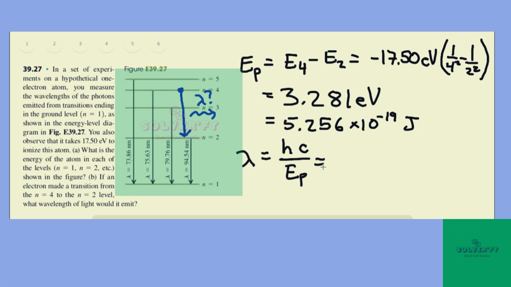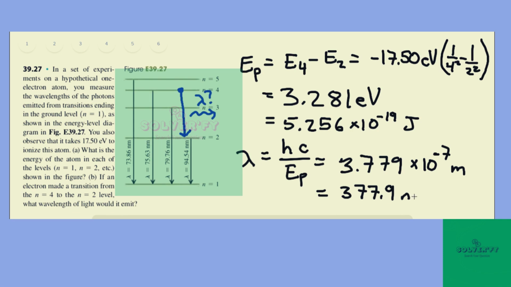So 6.626 times 10 to the negative 34 times 2.998 times 10 to the 8 divided by 5.256 times 10 to the negative 19 is 3.779 times 10 to the negative 7 meters, which gives us 377.9 nanometers.